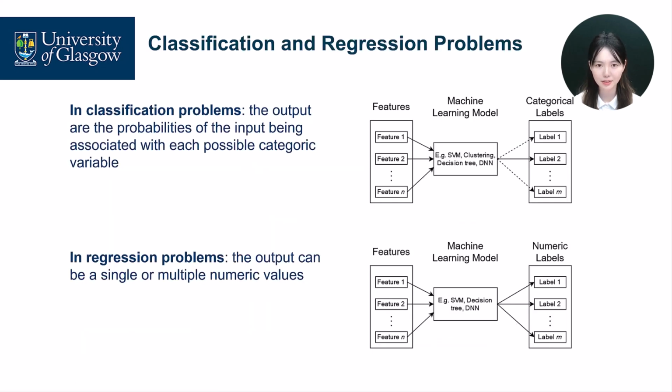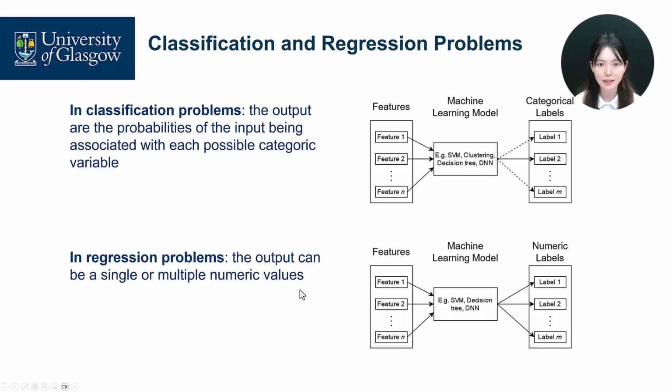The key difference between classification models and regression models lies in the type of output they produce. In classification problems, we define which category or class an input belongs to based on the features provided. For example, a classification model might predict whether an email is spam or not spam.